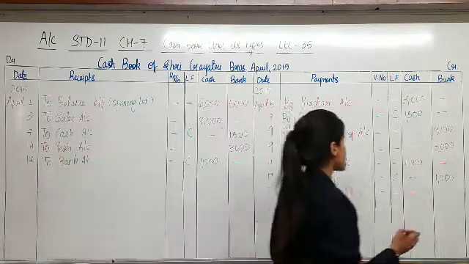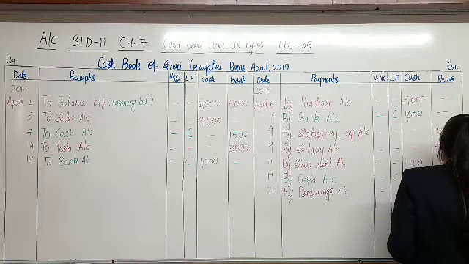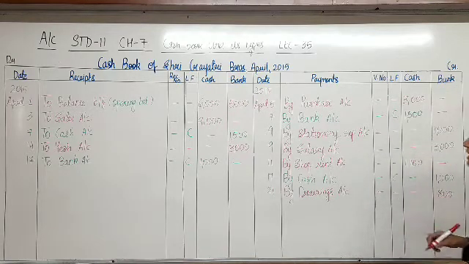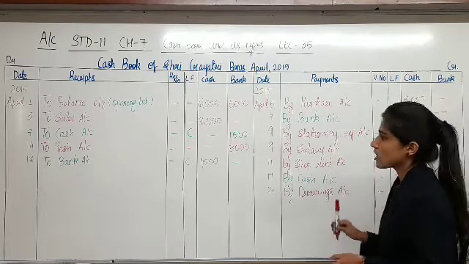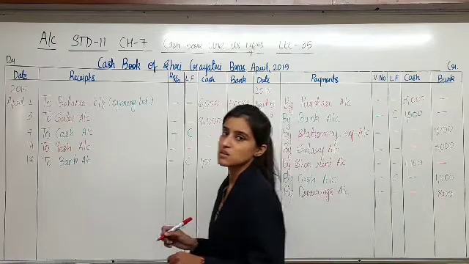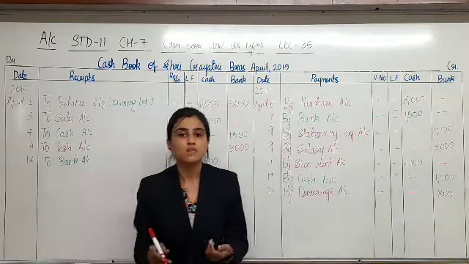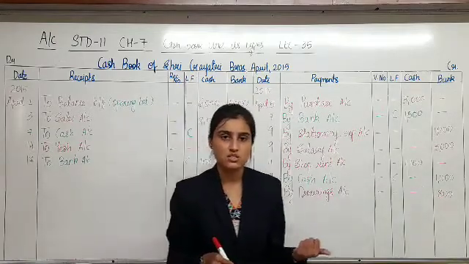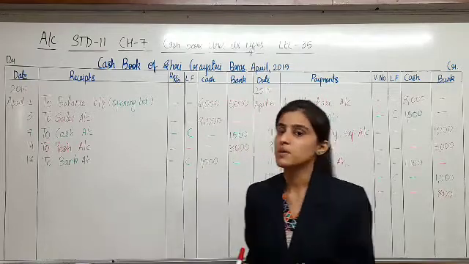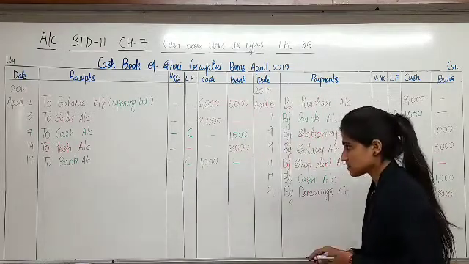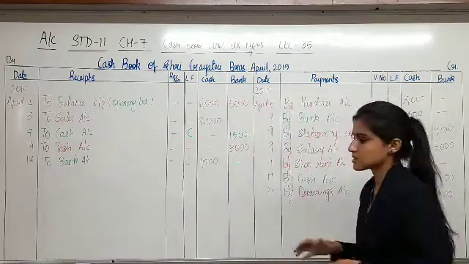Furniture has been purchased and the amount is paid from business bank account. The check has been given from business bank account. And furniture whenever purchased for household purpose is always drawings. Drawings is always debited. The journal entry for this transaction is drawings account debit to bank account. In journal entry, drawings is debited.